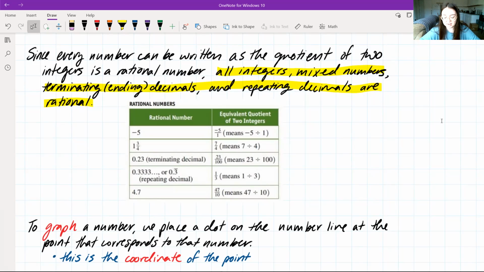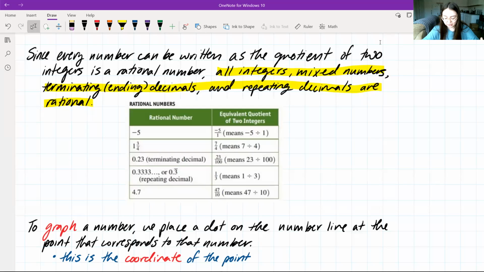And 4.7 is also the same as saying 47 divided by 10. So we see that each one of these numbers can be written out as the quotient of two integers.